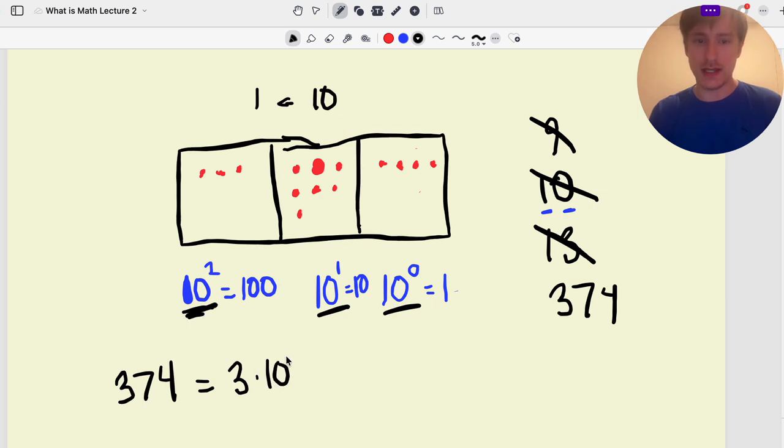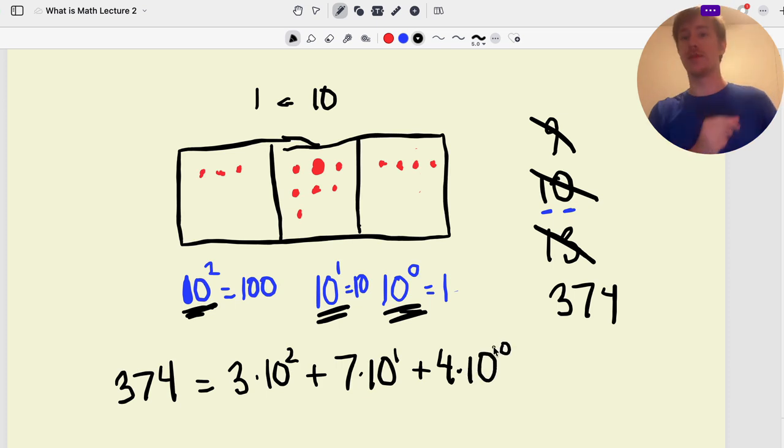So it's 3 10 squareds plus 7 10 to the firsts and 4 10 to the 0th powers. Okay? And it turns out that I can generalize this in ways that you might not expect.